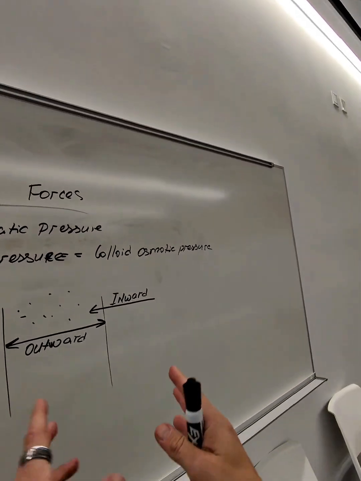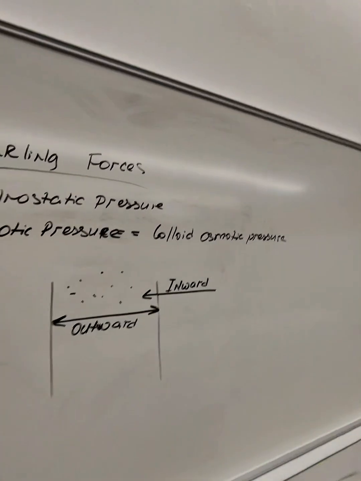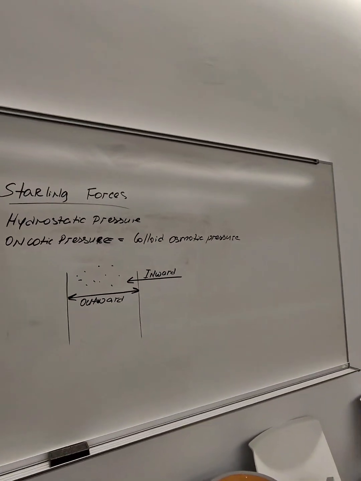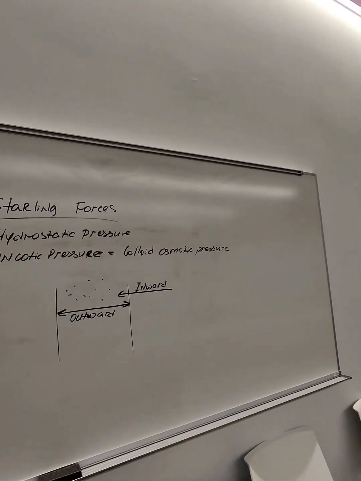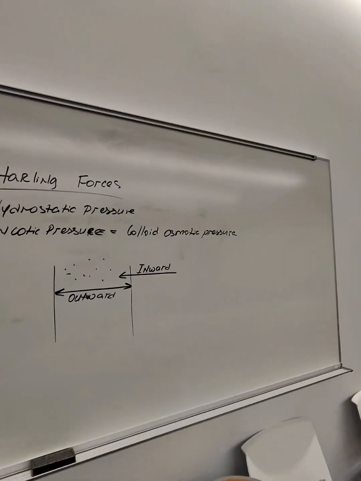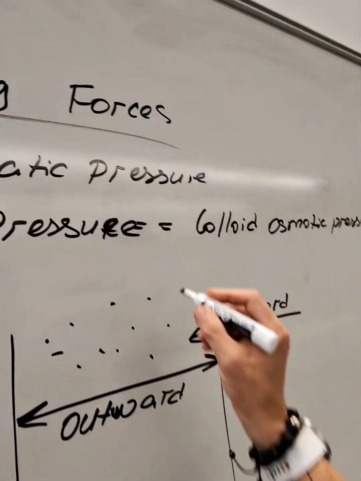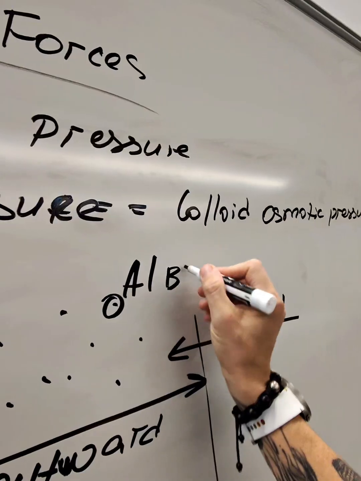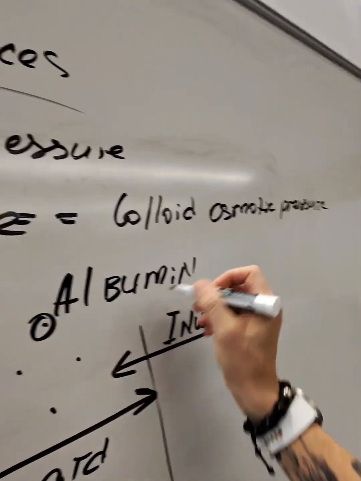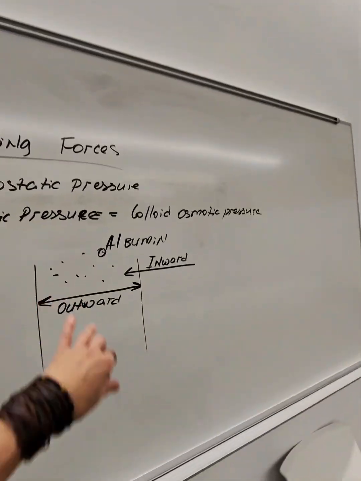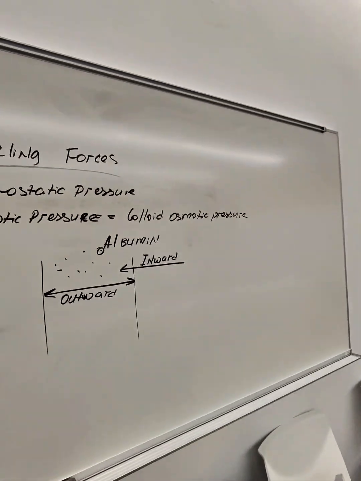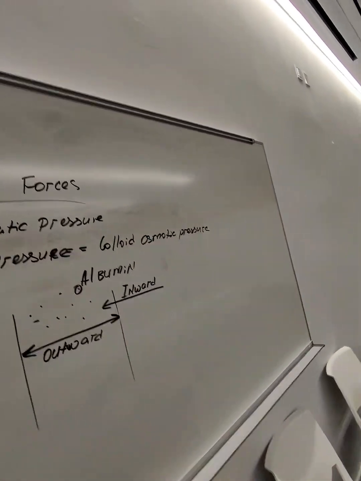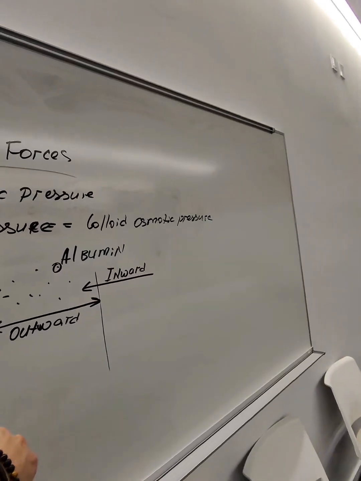And this happens only where the water is able to move in or out. So that's the Starling forces, hydrostatic pressure versus osmotic pressure, colloid. In this case, the colloid, let's say that's albumin. But it could be any other substances. But in blood, that's what actually happens, that albumin creates that osmotic pressure or colloid pressure. It's trying to pull the water inside.